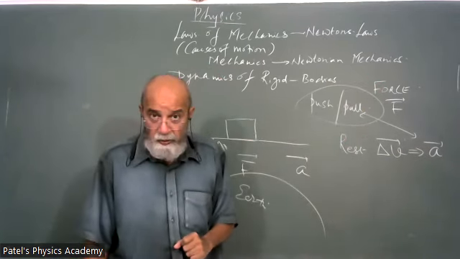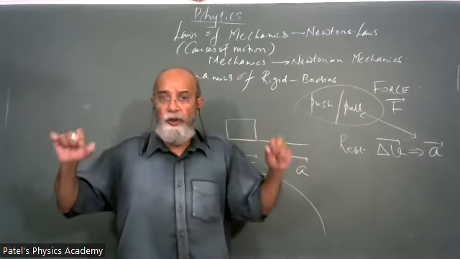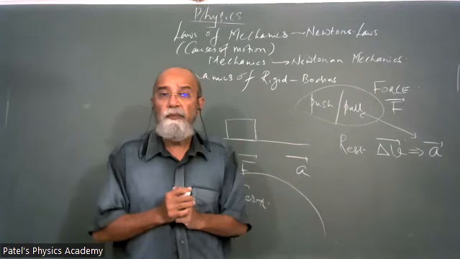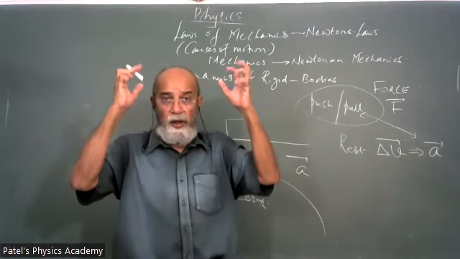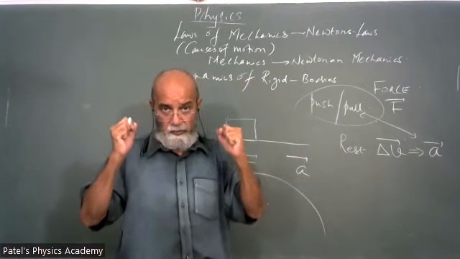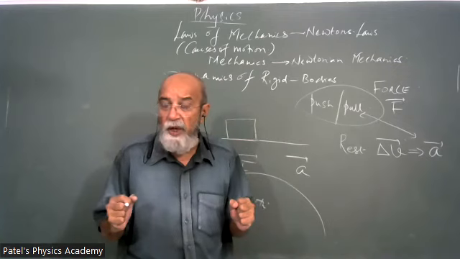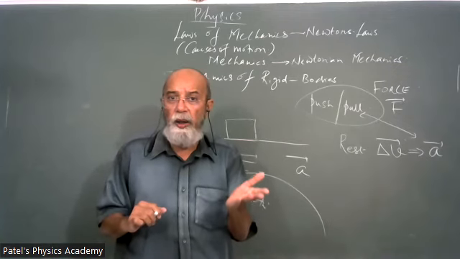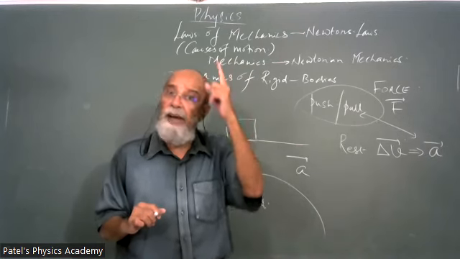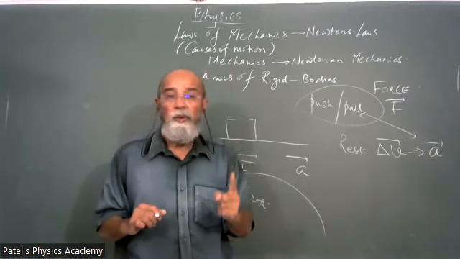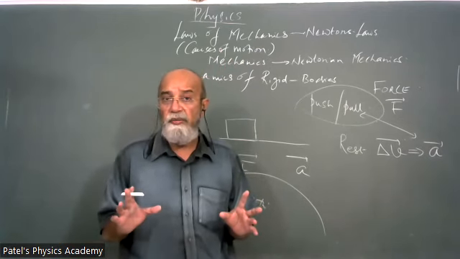For the time being, let us accept that this big planet on which we are standing is exerting a massive pull on us and is holding all of us to the earth. Even if I throw a ball, sooner or later that ball has to come back onto the earth because it is experiencing this force.